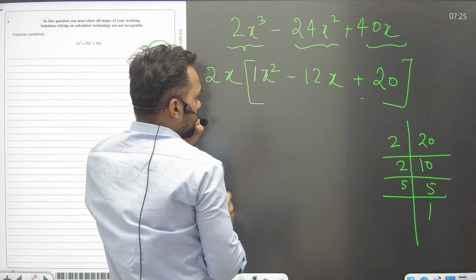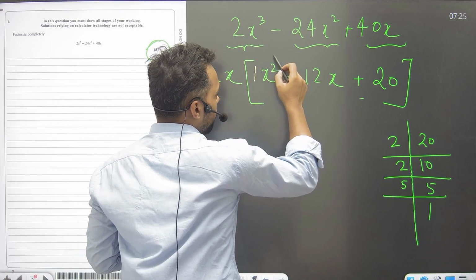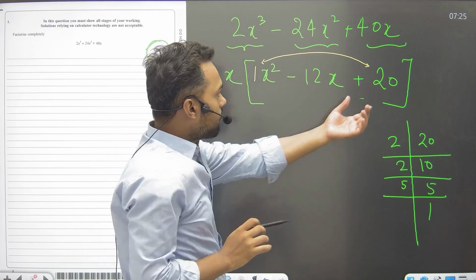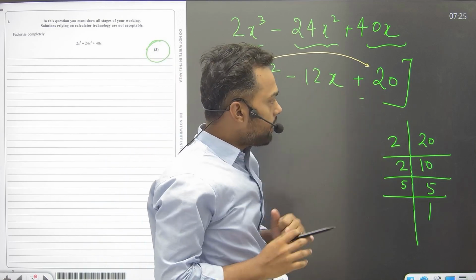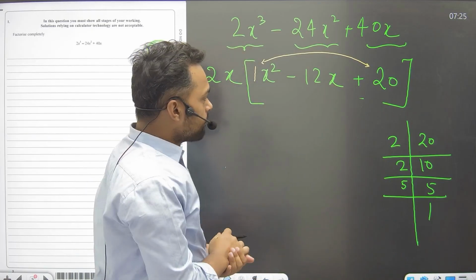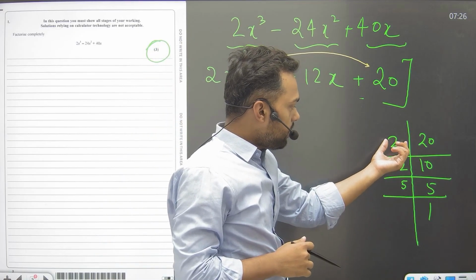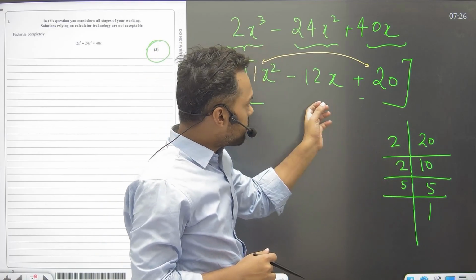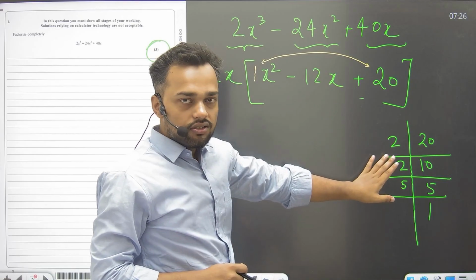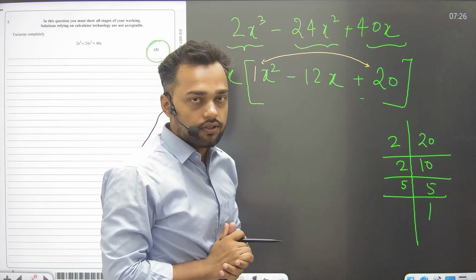The coefficient of x^2 is 1, so we first multiply the coefficient of x^2 and the constant term: 20 times 1 is 20. Again we take the prime factors of this number and arrange them so that the addition or subtraction of these factors gives us the term -12x.